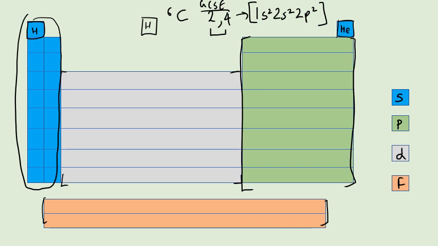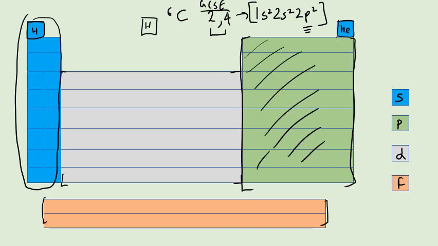So I can see, looking at this, it is a P block element because the outermost electrons are in the P subshell. So anything that appears here, the outermost electrons are in the P subshell. Anything that appears in the S block, that's because its outermost electrons are in the S subshell. And that's why helium appears up here, okay?